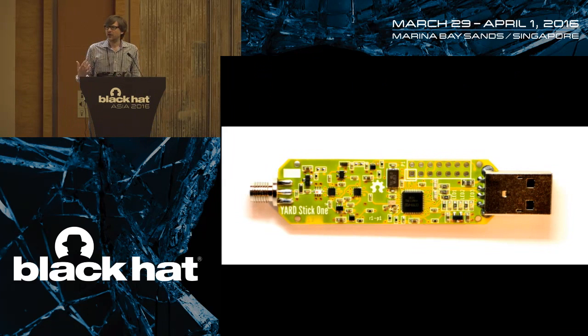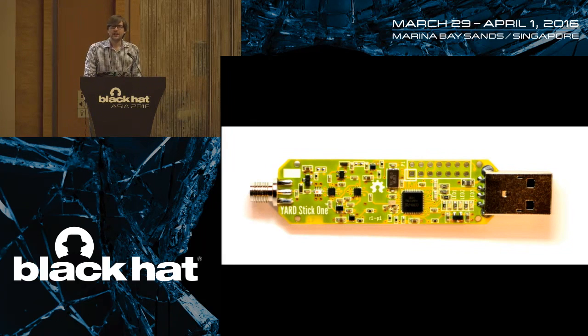This is Yardstick 1, and once again, this is a board that I designed, so I'm totally biased, but this is an example of a platform that features a wireless transceiver IC. It's that chip, the biggest black square there near the middle of the board.